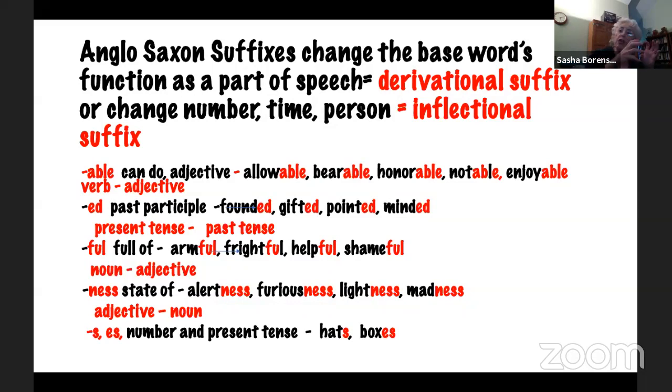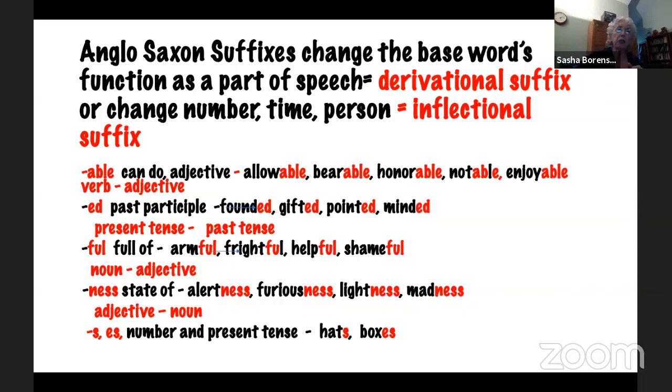Or does it change from a noun to a verb to an adjective or adverb? So when I have a base word and I stick suffixes on it, and it still stays a noun, like when I put an S on a noun, it's still a plural noun, isn't it?